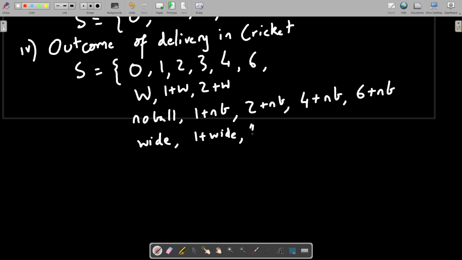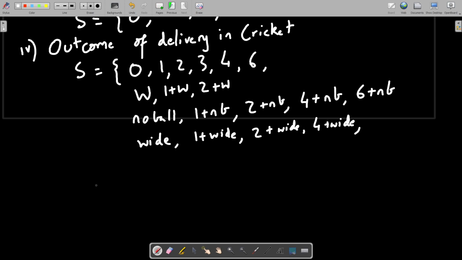I will repeat the same thing as above. You won't get 6 plus wide. That is too much. Wide cannot go for 6. Okay, what else did you say?